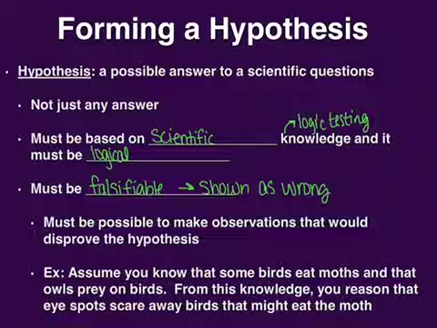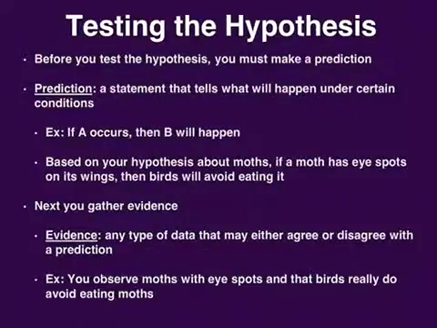So let's assume you know that some birds eat moths and that owls are one of these birds. From this knowledge, you reason that eye spots scare away birds that might eat the moth. From here, you can test your hypothesis. Before you test the hypothesis, usually scientists make a prediction. This is a statement that tells what will happen under certain conditions.